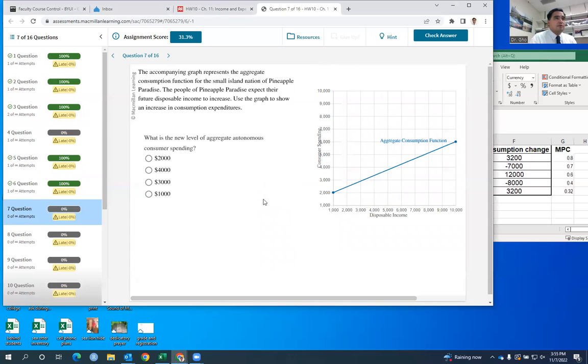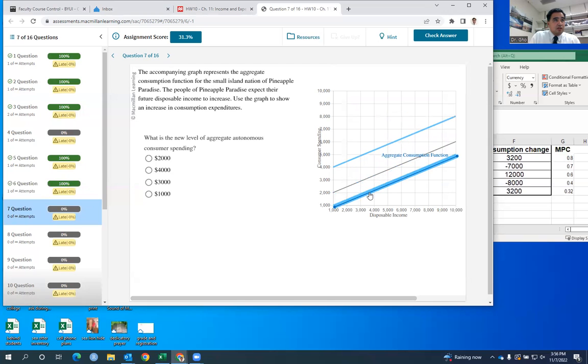The accompanying graph represents the aggregate consumption function for the small island nation of Pineapple Paradise. The people of Pineapple Paradise expect their future disposable income to increase. If they expect everything's going to increase, they'll consume more. You can either move it up or down.